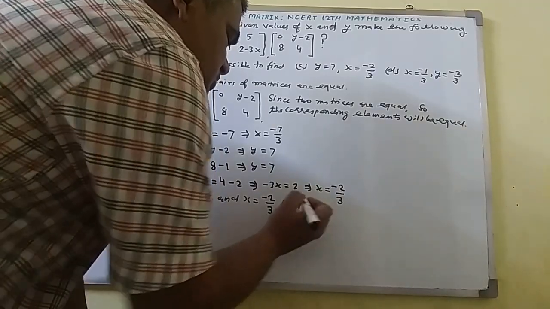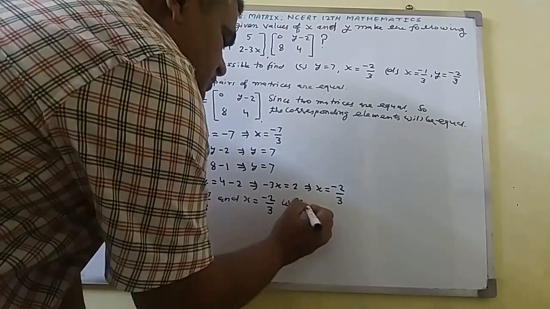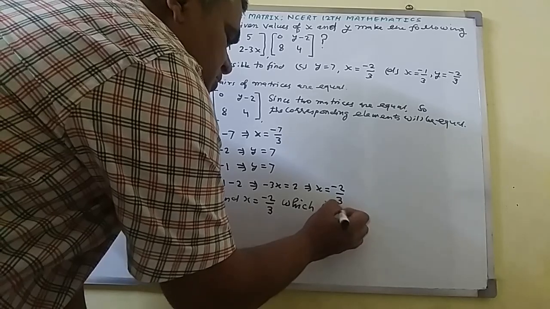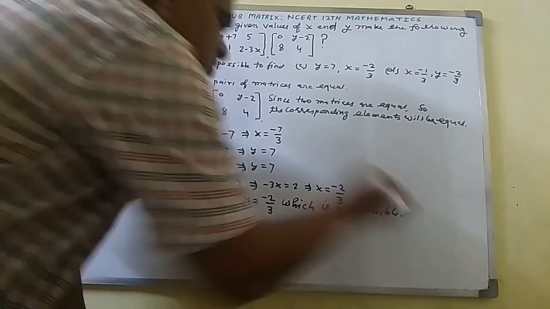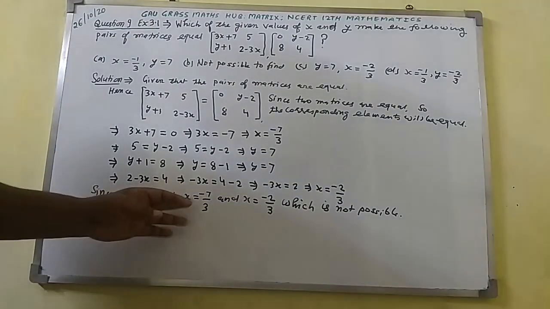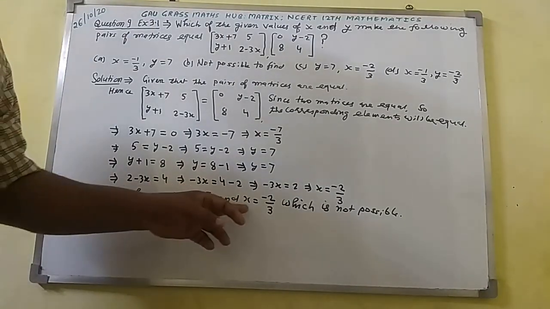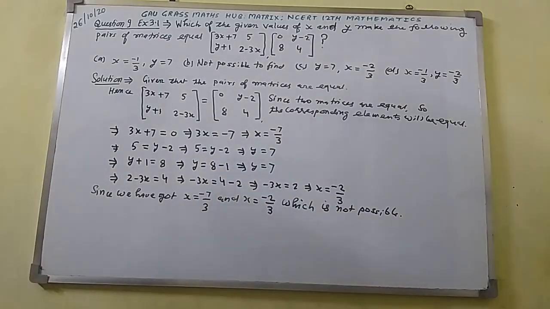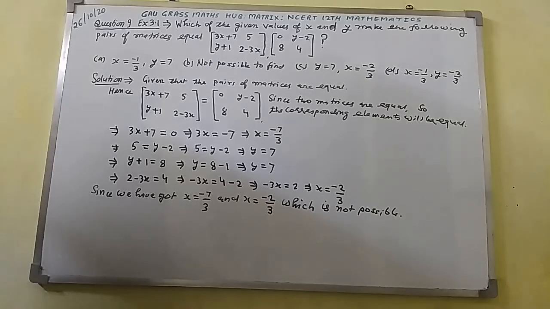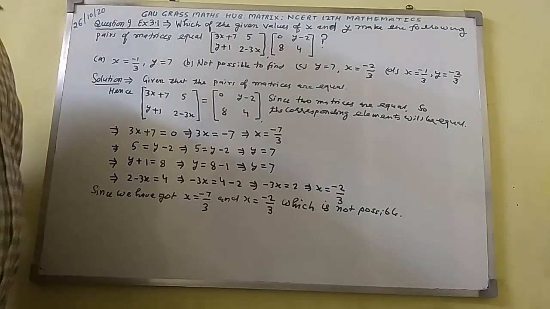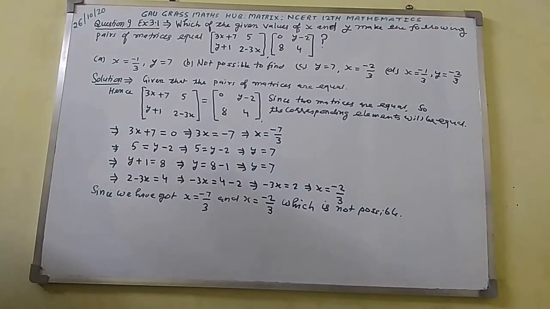Which is not possible. It is not possible to write x equal to minus 7 over 3 and x equal to minus 2 over 3, which is not possible. Therefore, option B will be the correct answer, which is not possible.